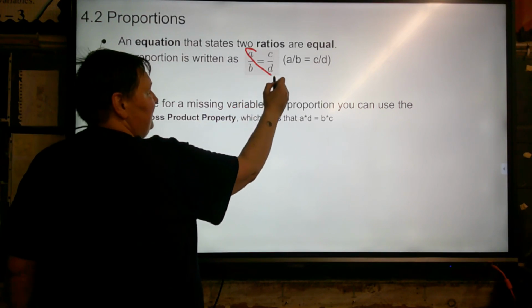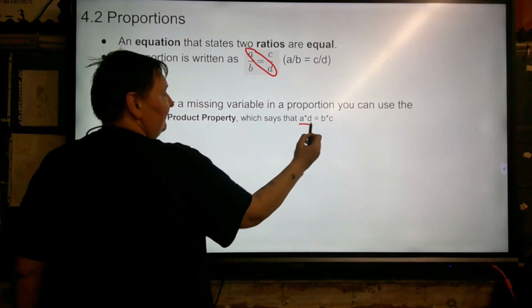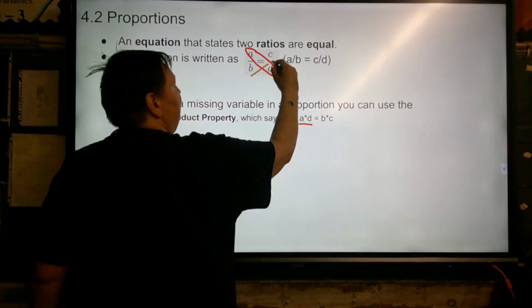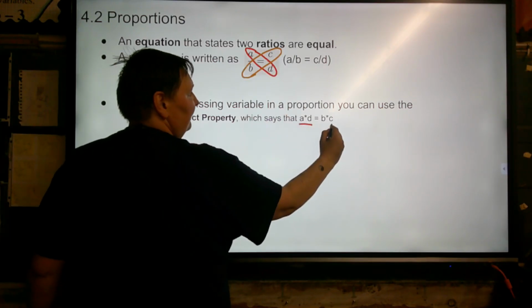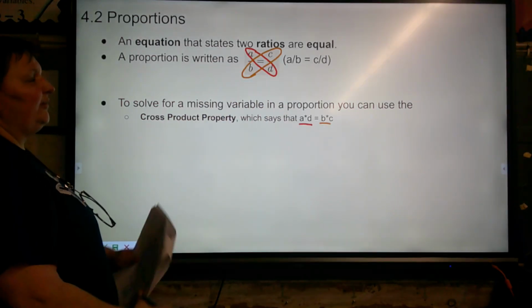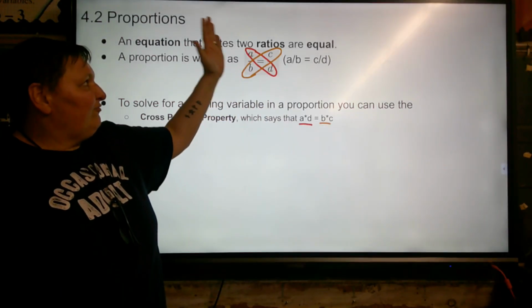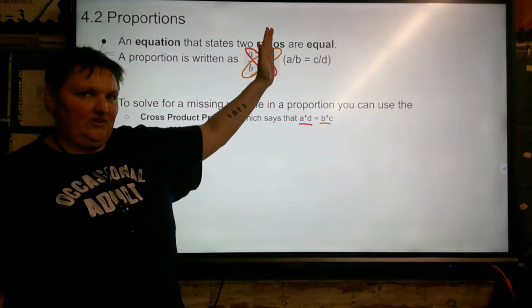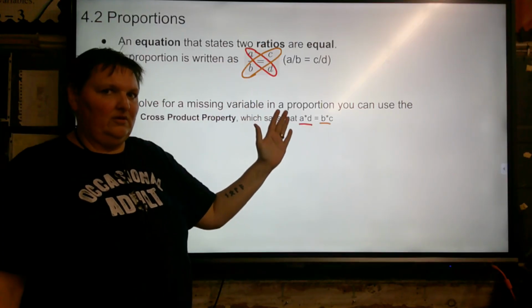A times D has to be equal to B times C. That's why it's called the butterfly method, by the way. But it only works if they're equal. They're in proportion.